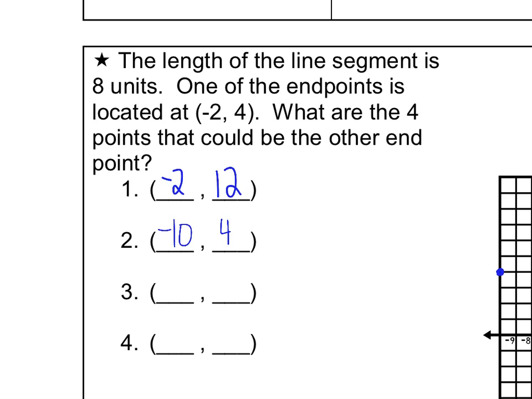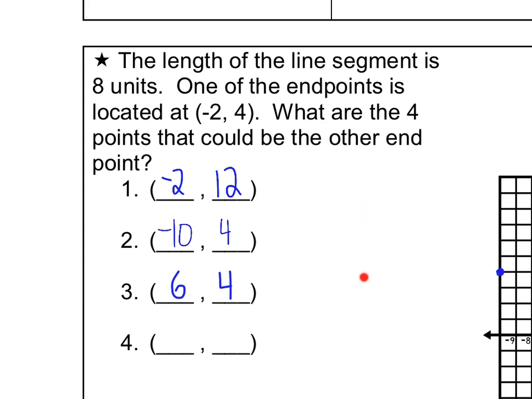If we were to go right, imagine we're here at -2, 4. We went left 2, up 4. Now we're going to go right along that 4 line 8 times. What's 8 more than, or 8 positive units added to -2? Wouldn't that be 6? So 6, 4, right? And then let's also imagine we're going to go down. So we're at -2, 4, and we're going to go down 8.